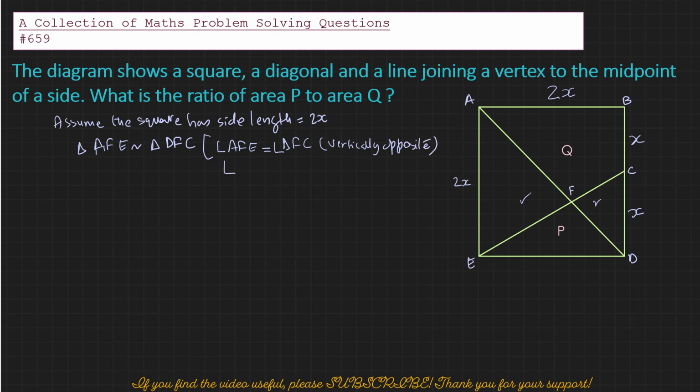Then angle EAF is equal to angle FDC, because AE is parallel to BD, since ABD is a square.